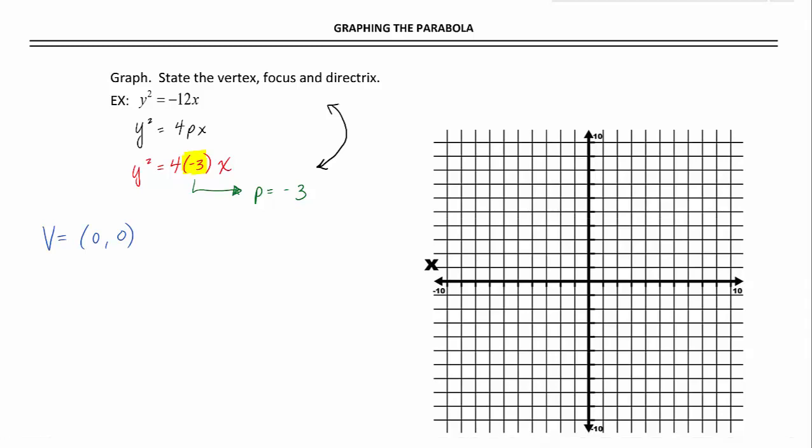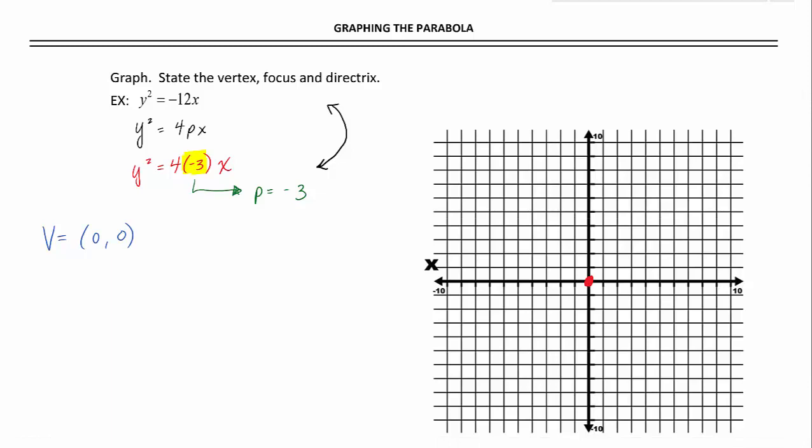Okay, I have all the information I need to graph my parabola. The vertex is at the origin. I have my p-value, so that tells me where my focus and my directrix are going to be, because each of them are absolute value of p units away from our vertex.